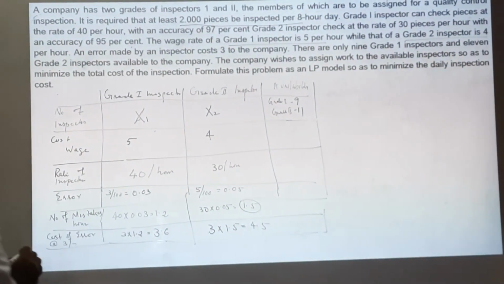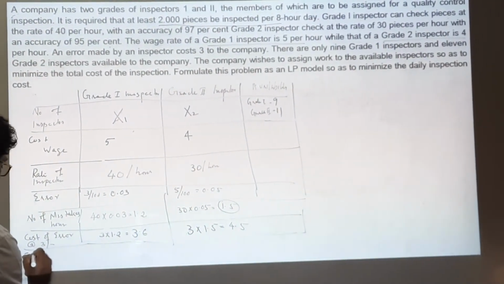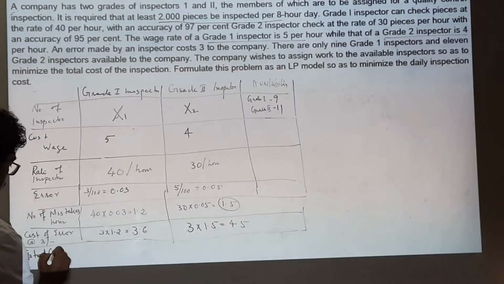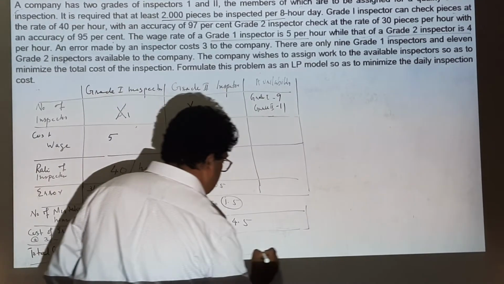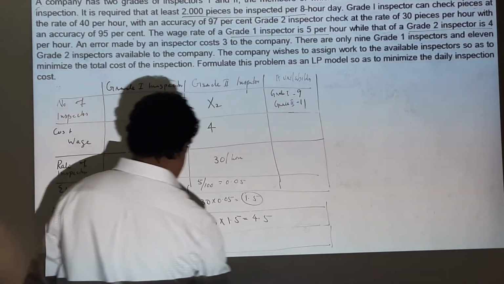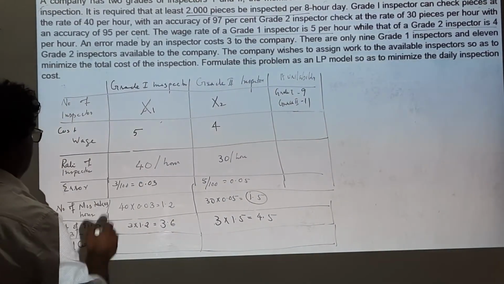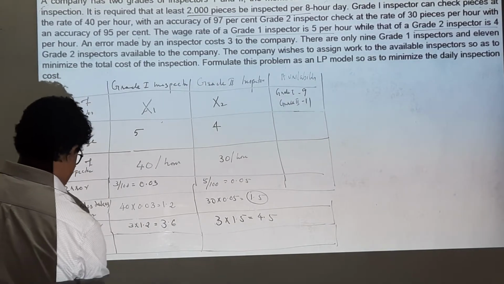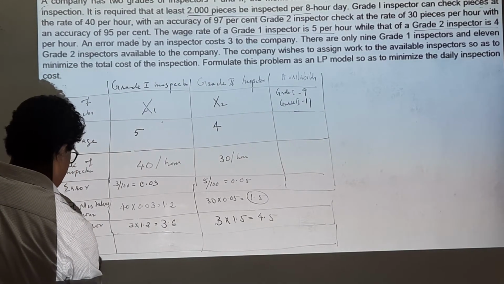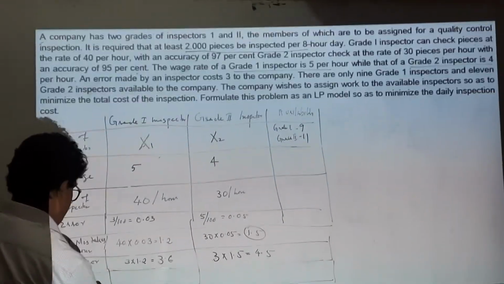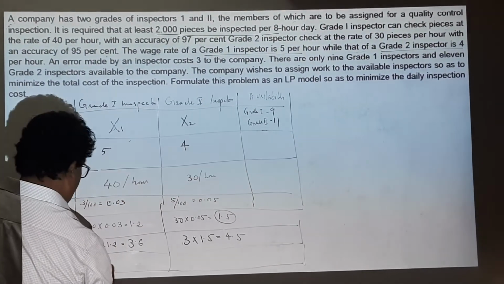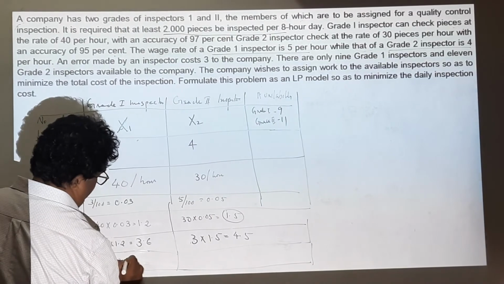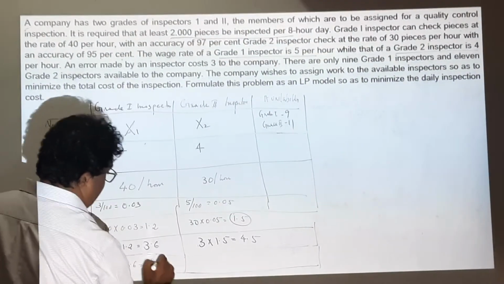Now, what is the total cost? Total cost is wage plus cost of error. So 5 plus 3.6 is 8.6.